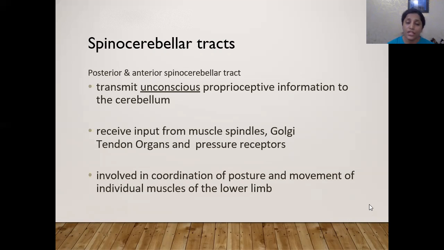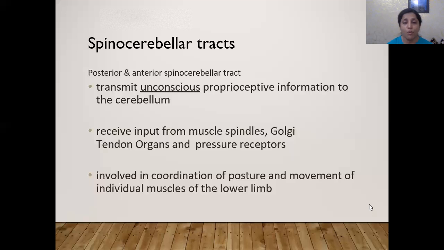Now, what are the functions of the spinocerebellar tracts, or what are the functions which they are regulating? They regulate our posture and the movement of individual muscles of the lower limb. Now, let me tell you that these sensations are not very well developed in the newborn child. And that is the reason why a newborn child is not able to walk.